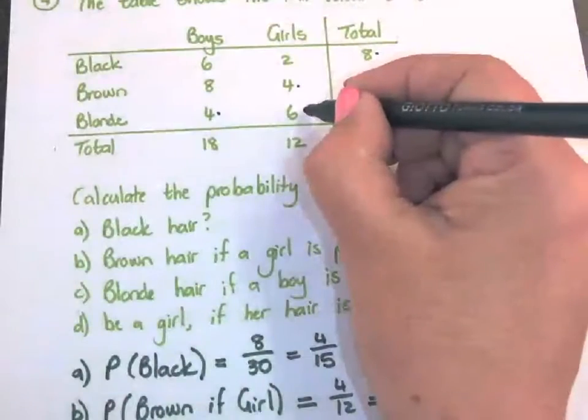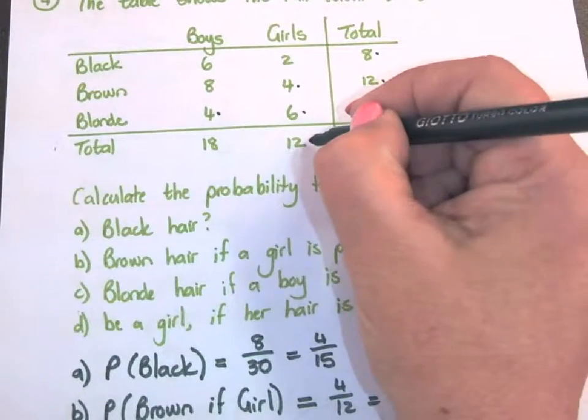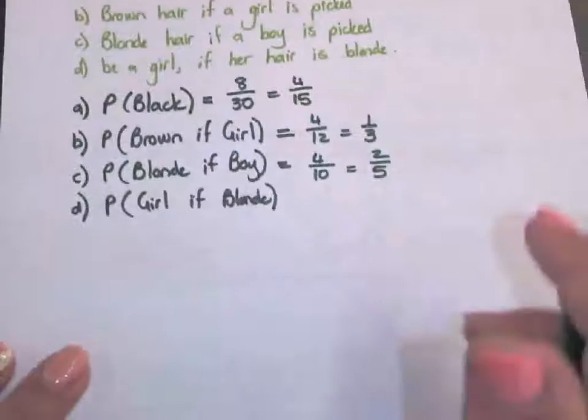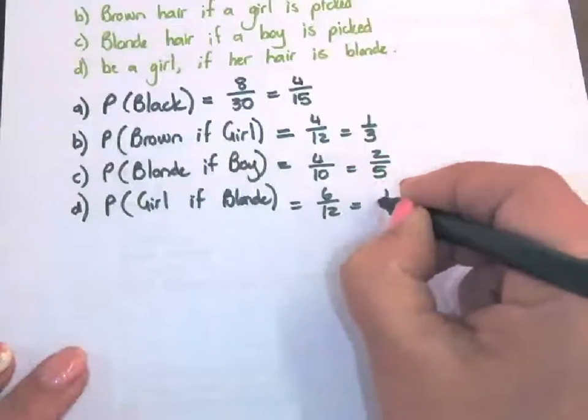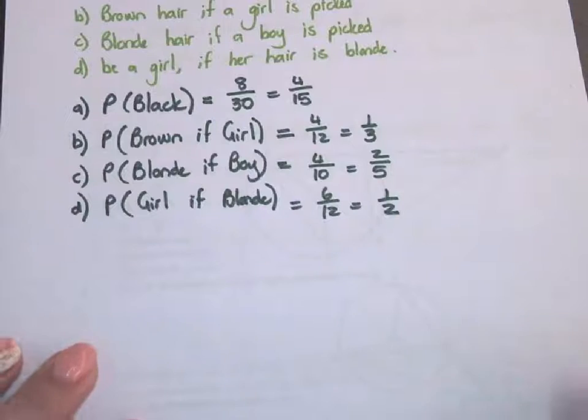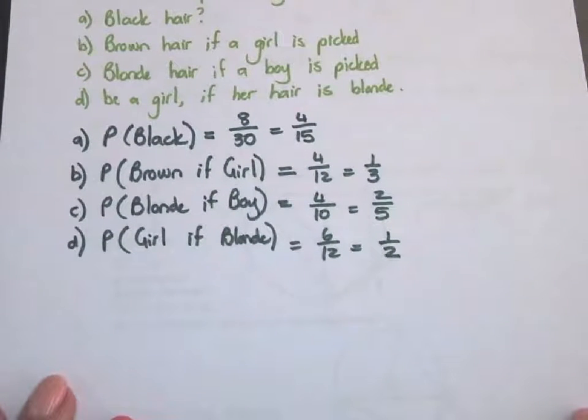Girl plus blonde hair and girls totals 6/12. That's also wrong in the notes. Yes. I'll go and look again at the notes.